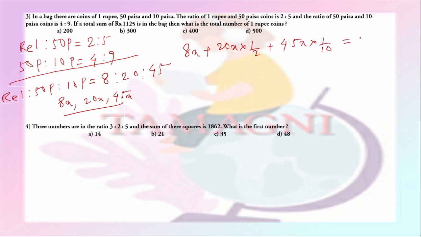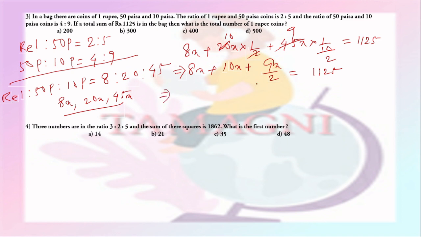This will be equal to 1125. So this gives 8x plus 10x plus, on dividing by 5 we get 9 and this will be given 2. So 9x by 2 equal to 1125. So 2 will be the LCM.